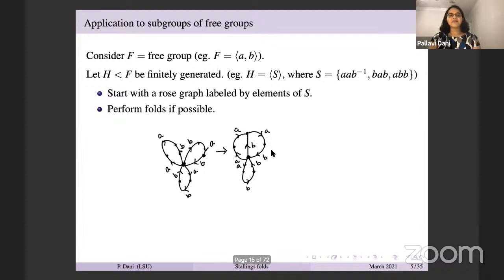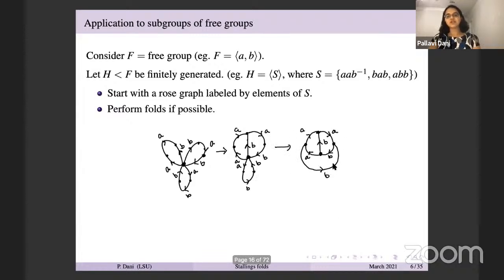Okay, so that gives me this new graph in which those two edges have been identified. Then I go around and look at the other vertices and see if any further folds are possible. In this particular example, I see that at the same vertex that I worked with before, there are two A's going out as well as two B's coming in. So I'm going to go ahead and fold both of those at the same time to get this picture.